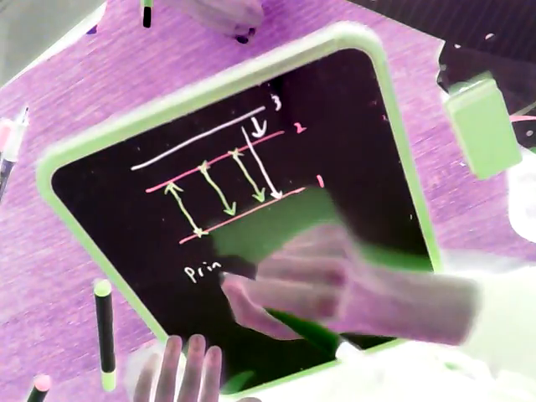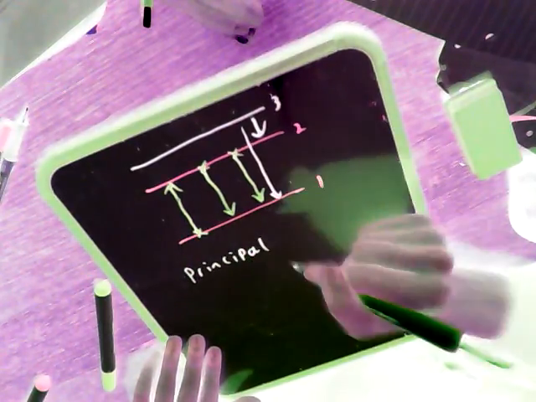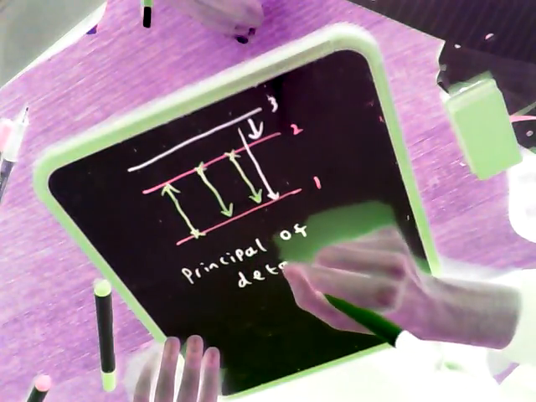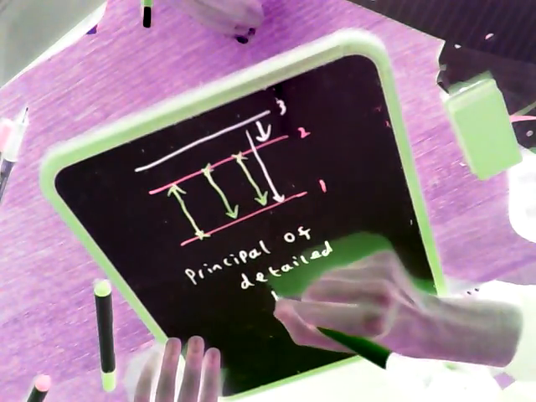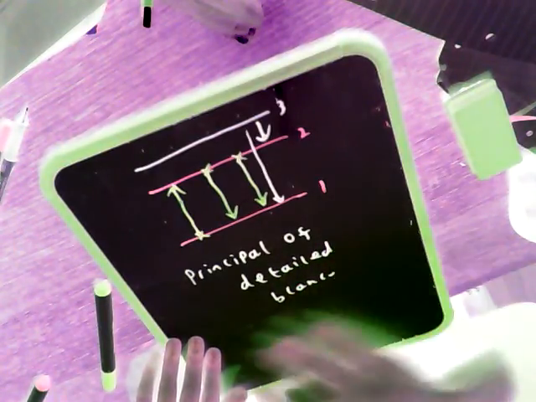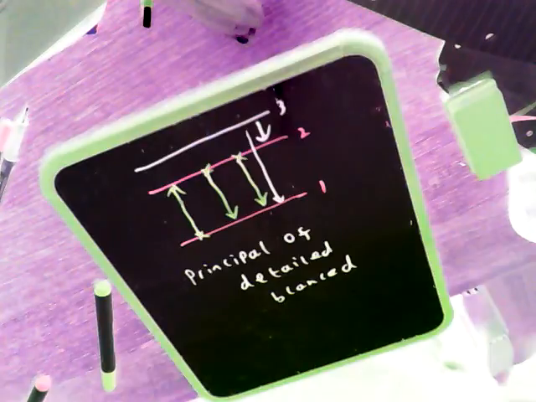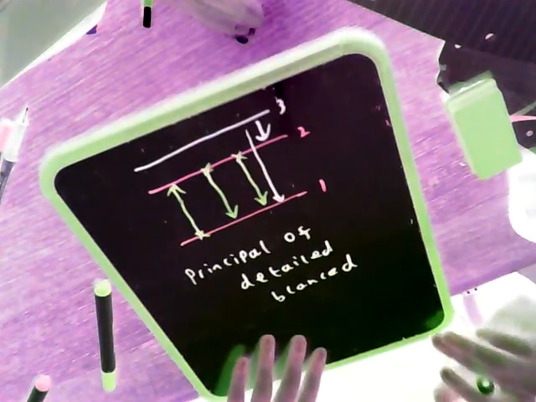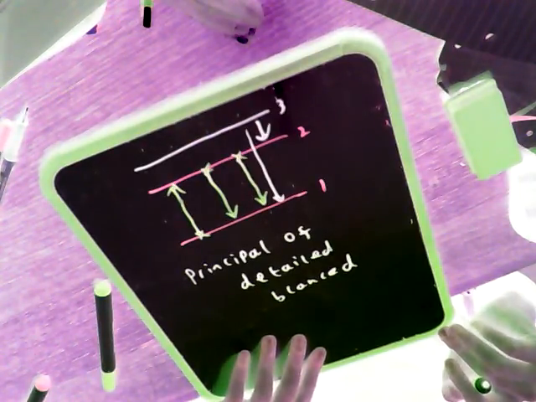This is a principle called the principle of detailed balance. This has some other names. It's also called the principle of entire equilibrium and the principle of microscopic reversibility.